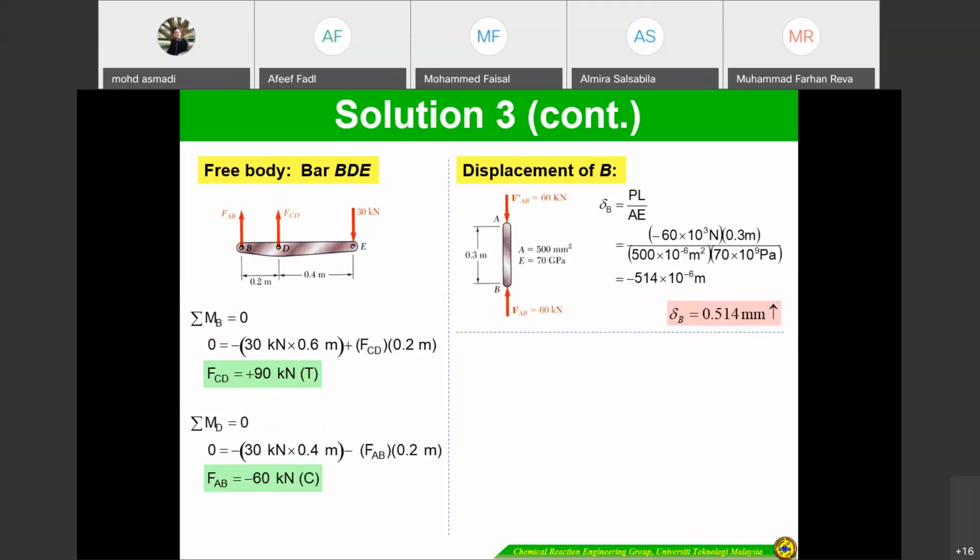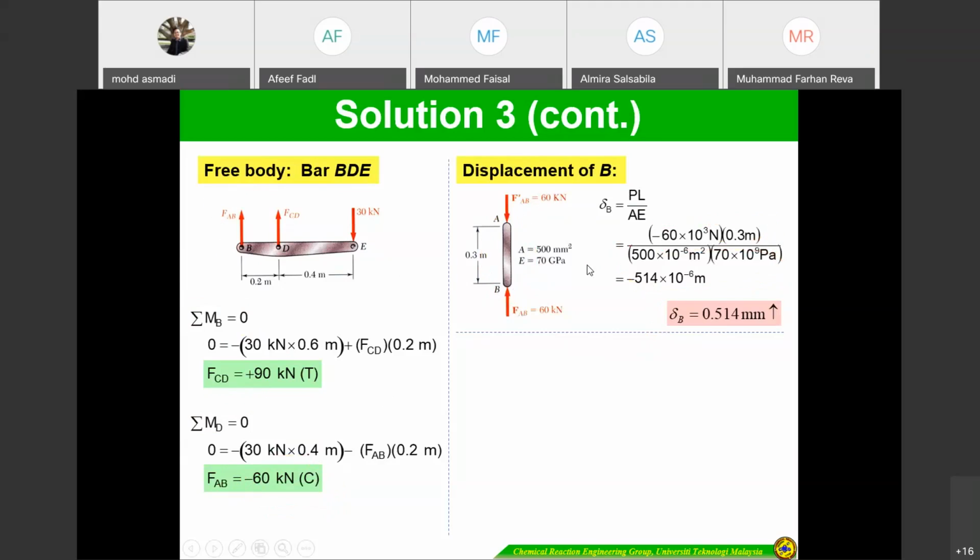And then second, we have to analyze the displacement of point B. So we have to analyze rod AB. Since we know that FAB is negative, meaning that it is a compression. So, negative 60, just analyze the deflection at point B for the bar AB, so we can get the deflection.